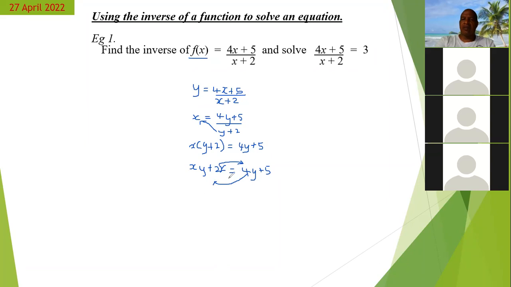Remember, once you move across the equal sign, you change the sign of the terms. So on the left-hand side, we have xy minus 4y, and on the right-hand side, we'll have minus 2x plus 5.